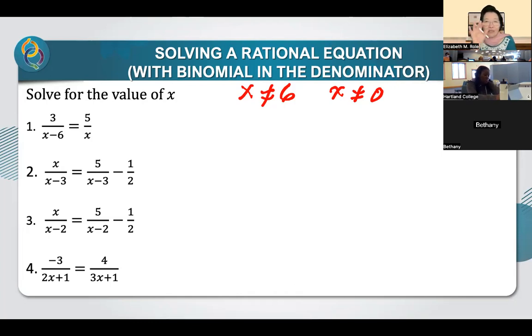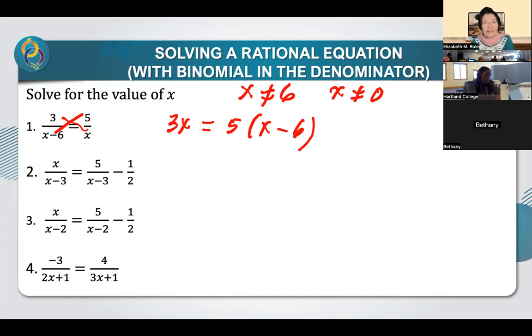So knowing that x should not be equal to 6 and x not equal to 0, the easiest way for number 1 is to just cross multiply. You say 3x is equal to 5 times x minus 6. It's just one way of saying that I multiply 3 over x minus 6 by x over x, and then I multiply 5 over x by x minus 6 over x minus 6.